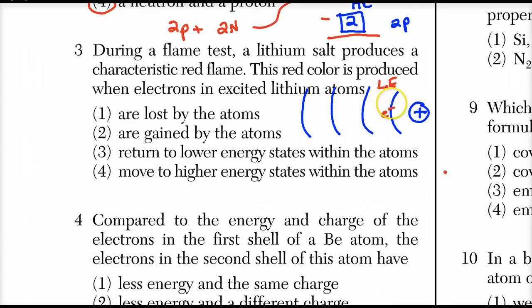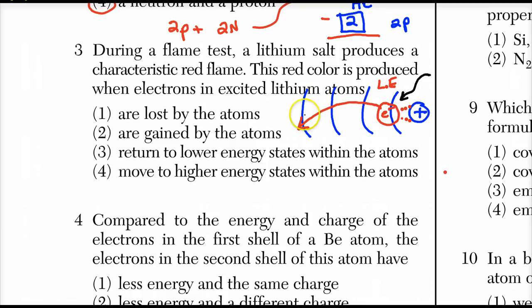And you can think the reason why they have lower energy is because of their proximity to the positive nucleus. The positive nucleus is controlling them, so therefore there's a large amount of attraction there. This electrostatic attraction means this electron isn't free to do very much. Now, if you were to gain some energy, like in a flame test, you add some energy from a candle or Bunsen burner, electron can leap to higher energy levels.